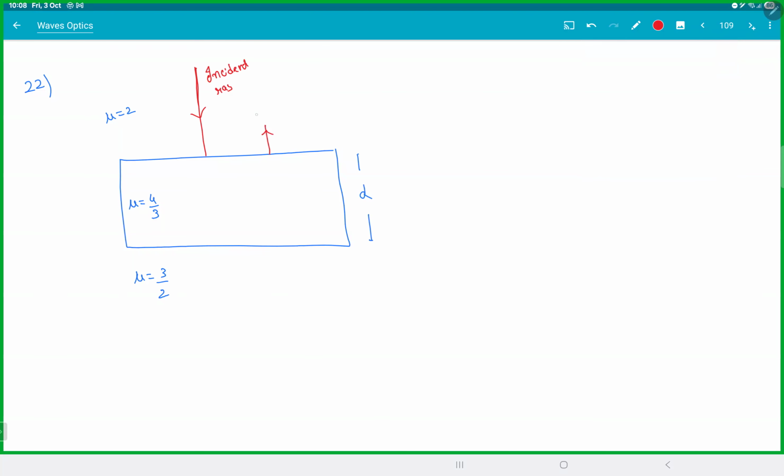Then we got a ray 1. And then we got a refracted ray. They will not draw all this picture. They'll simply say an observer here, the observer on the other side of the screen. He sees brightly illuminated screen. Find d.